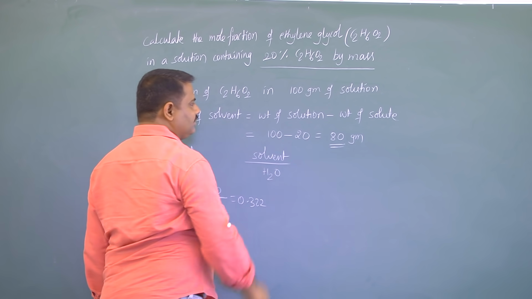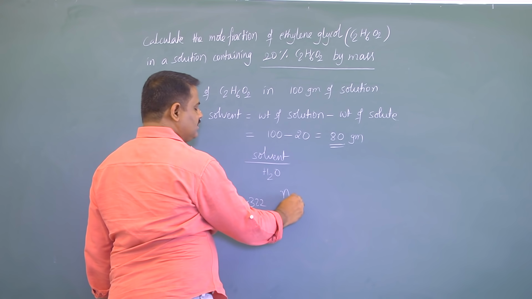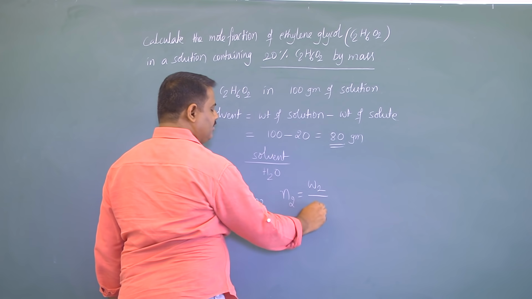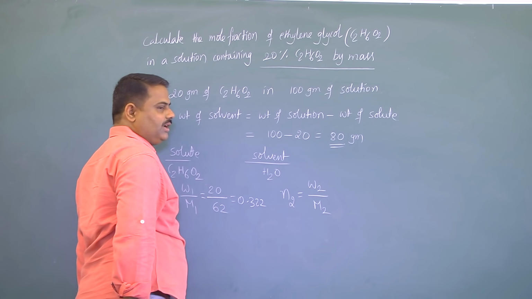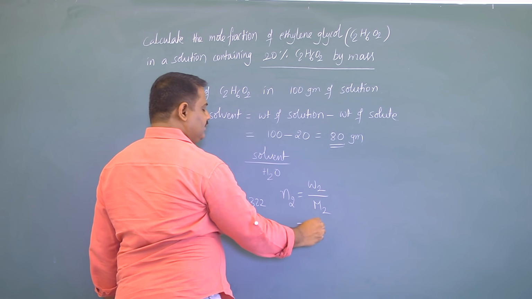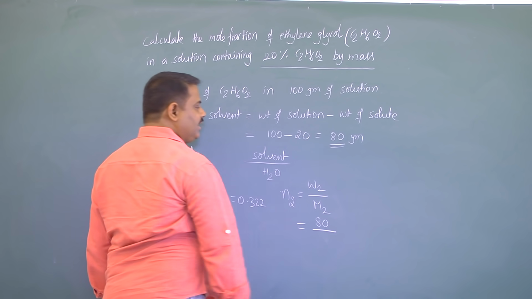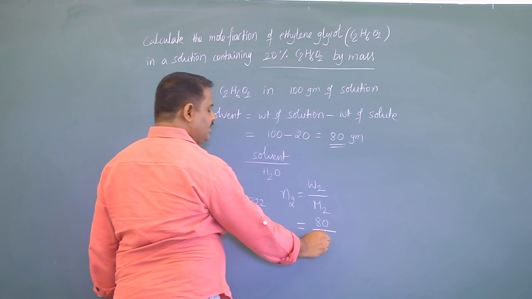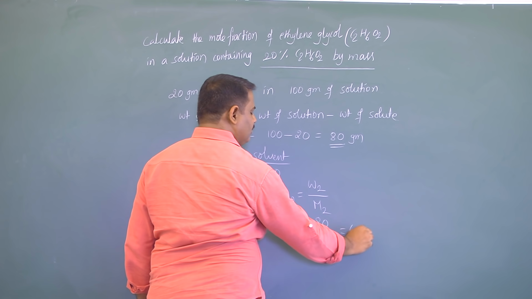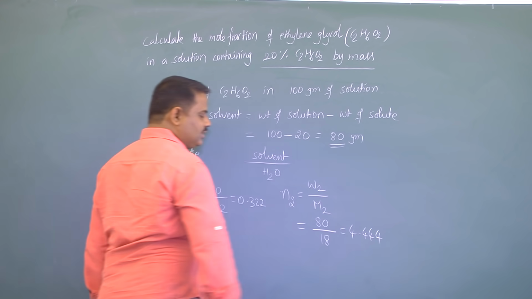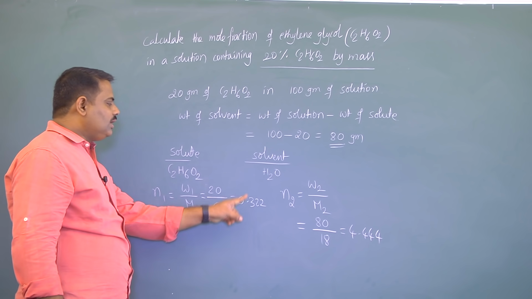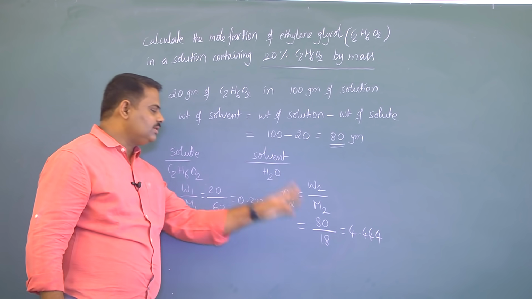Whereas for solvent, number of moles of solvent is equal to weight of solvent divided by molecular weight of solvent. Here, weight of solvent is 80 grams divided by molecular weight of water, 18, that is equal to 4.444 moles.